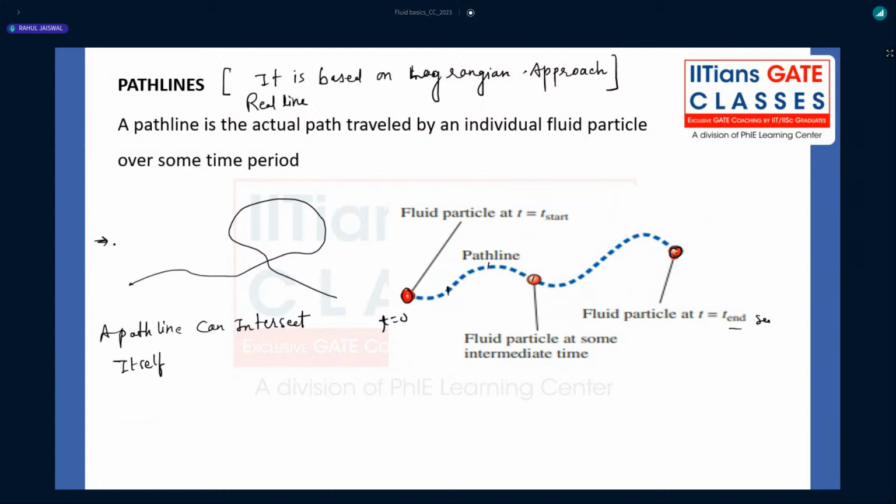And an important observation, note number 1: a path line can intersect itself. Second thing, it is for a single fluid particle.